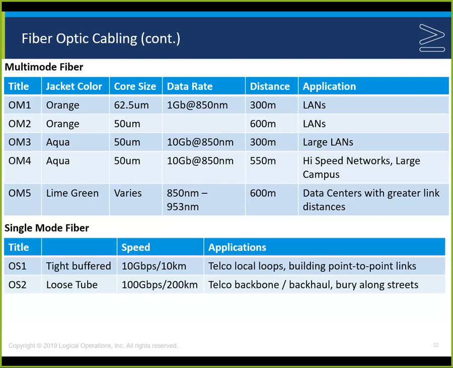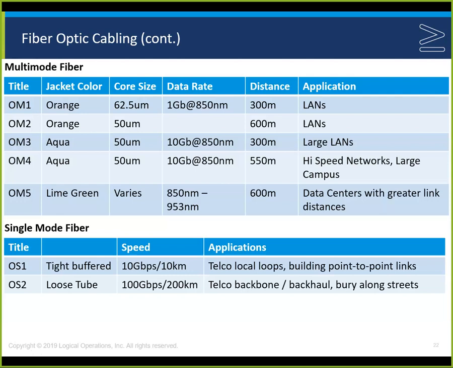The 62.5 and the orange here, the 62.5 micron and the 50 micron cores are for use in local area networks, and then the different distances that we go, the 300 meters for the 62.5, quite a bit. That's 3 times what we would have with copper.